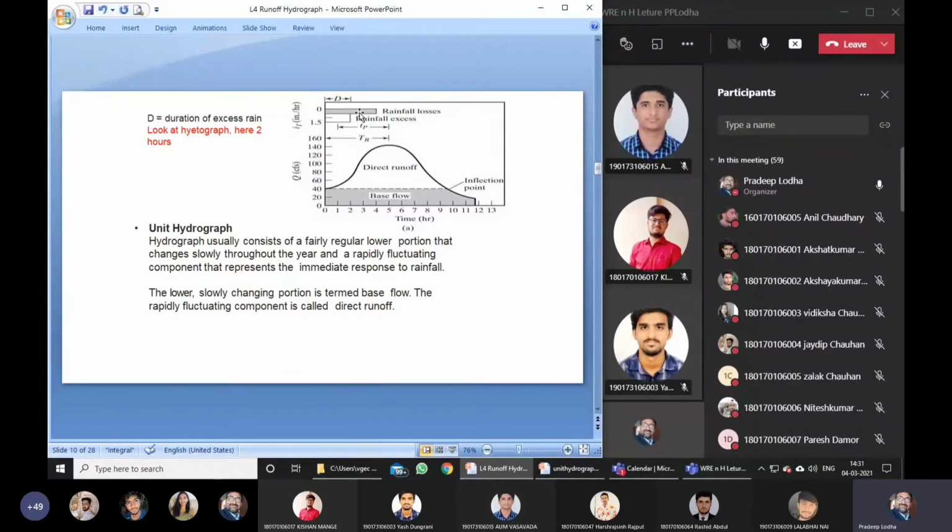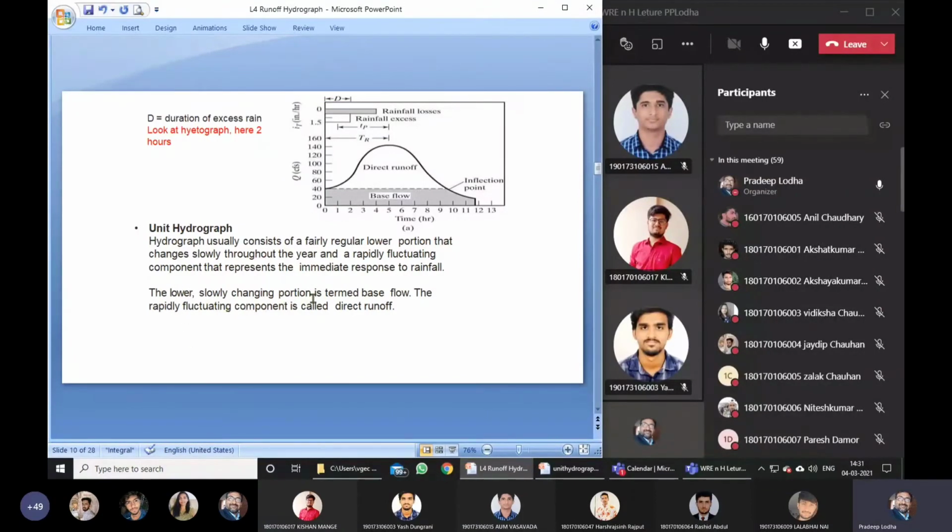The rainfall losses are drawn dark, and this is base flow, and this is direct runoff. Now what it says: a hydrograph usually consists of a fairly lower portion that changes slowly throughout the year, and a rapidly fluctuating component that represents the immediate response to the rainfall. This is the immediate response to the rainfall, and this is the slow process which changes hardly during the year, the base flow.